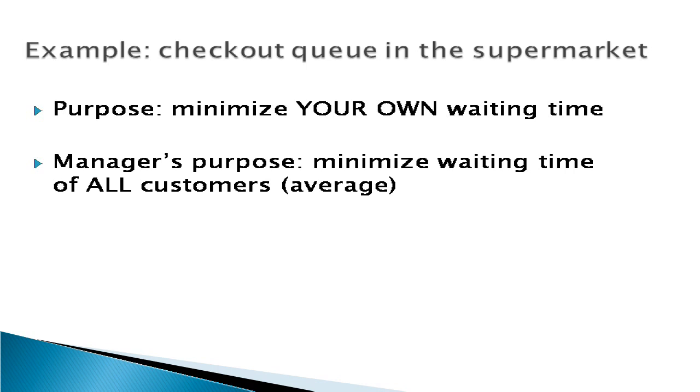If you're looking into minimizing your own waiting time, then you would probably just try to find that particular line which looks like it has the shortest number of customers and also the least amount of products.